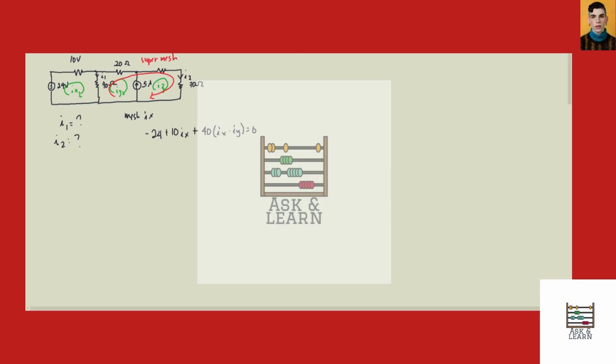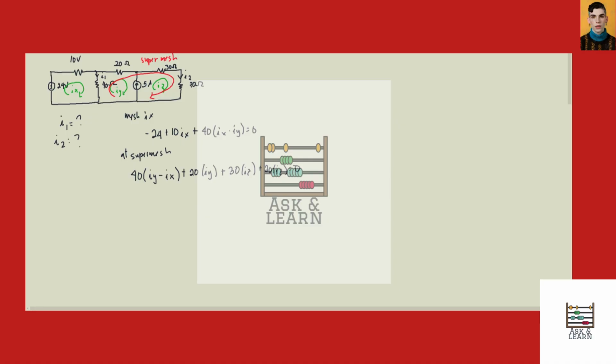Using KVL at the super mesh, we get 40 times Iy minus Ix plus 20 ohms times Iy plus 30 times Iz plus 20 times Iz is equal to 0, 30 ohms.